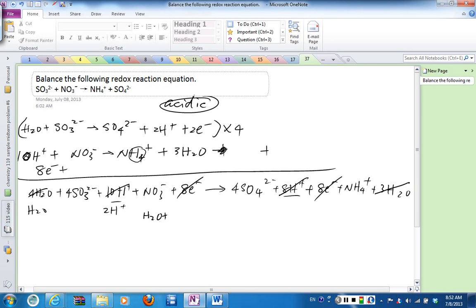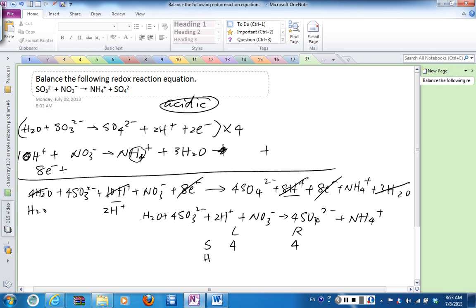So rewrite the whole thing. H2O plus 4 SO3 2 negative, plus 2 H plus, nitrate, produce 4 SO4 2 negative and ammonium ion. And once we get this, we need to do an inventory count of everybody and make sure that we're getting the right thing. So left side, right side. Starting with sulfur: I got 4 sulfur on the left side and 4 sulfur on the right side.